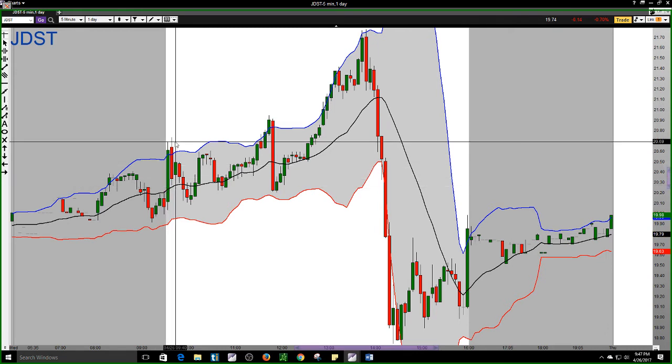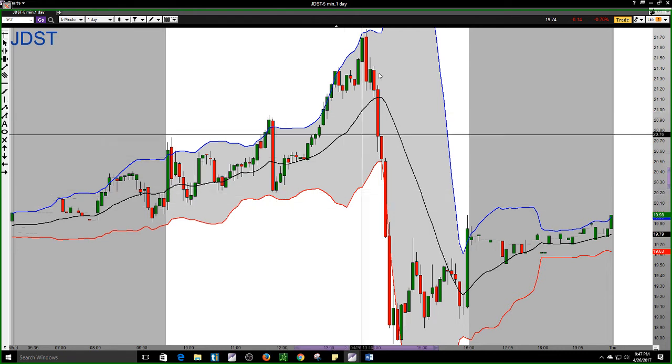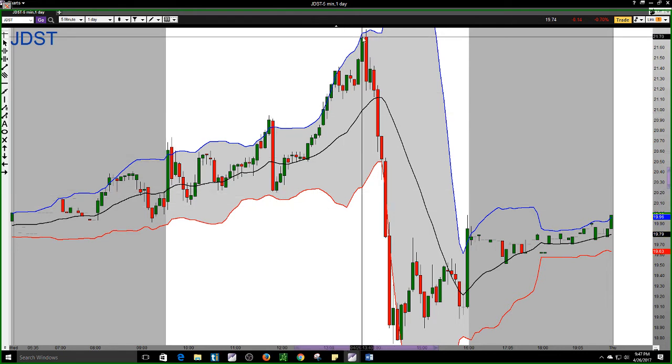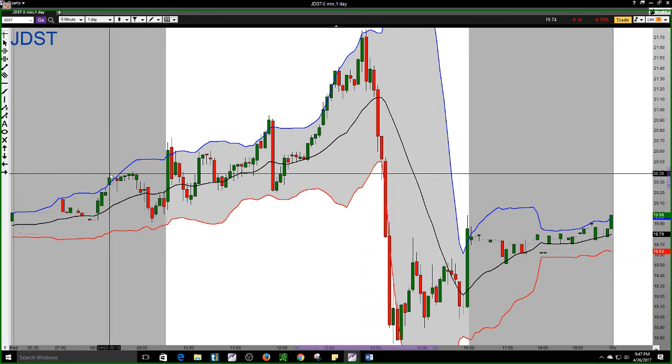I shorted over the high, longed it at the bottom of my band, shorted at the high of the band. So even if you were just using Bollinger Bands, you would have areas that you could use as a strategy, right? How robotic would you be though?